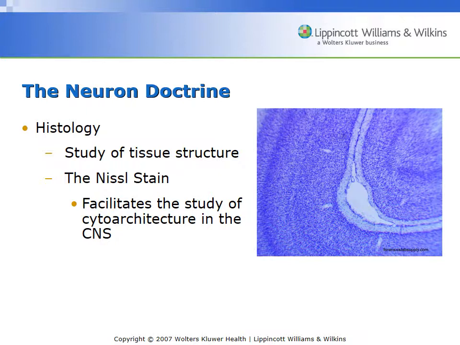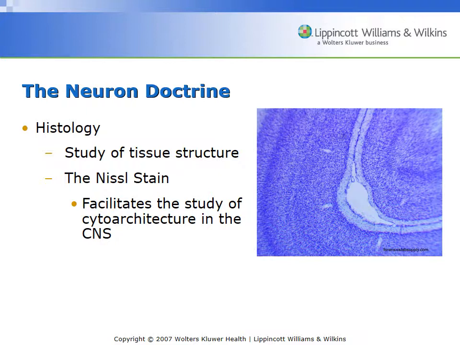So with these tools available, we basically developed a new field of study which is called histology. It's a microscopic study, and it's aimed at studying the structure of tissues.